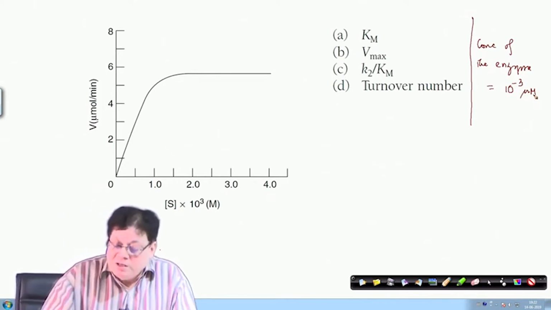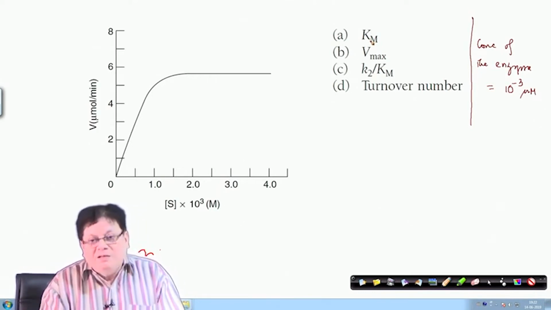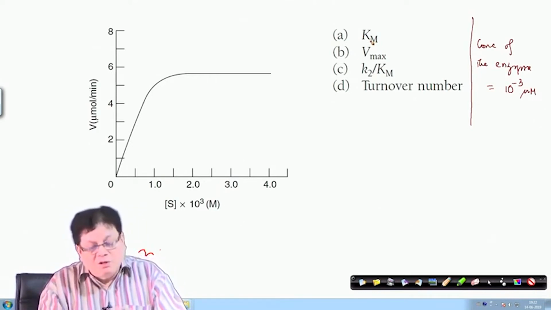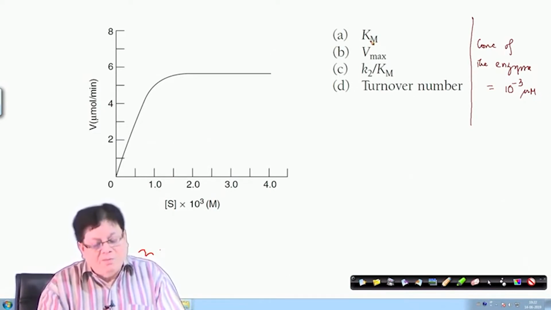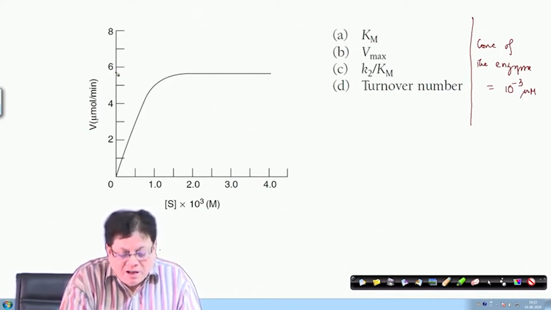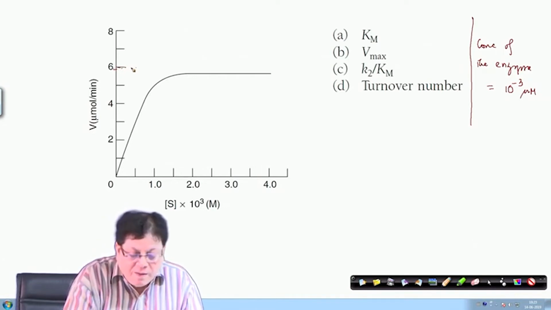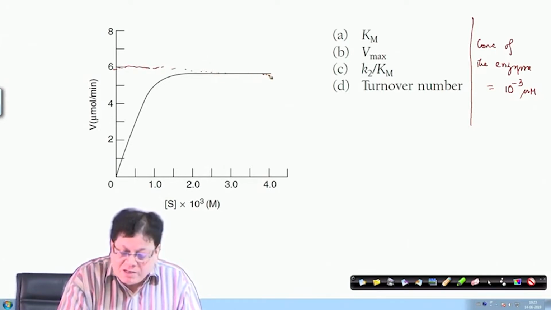Now, we start not with Km but with Vmax, because once we have Vmax, we can draw the lines to see what concentration is needed to reach half of the Vmax. So, let us draw a line here. Vmax, according to the graph, is a little less than 6, but let us draw a line which will ultimately touch the maximum velocity line.